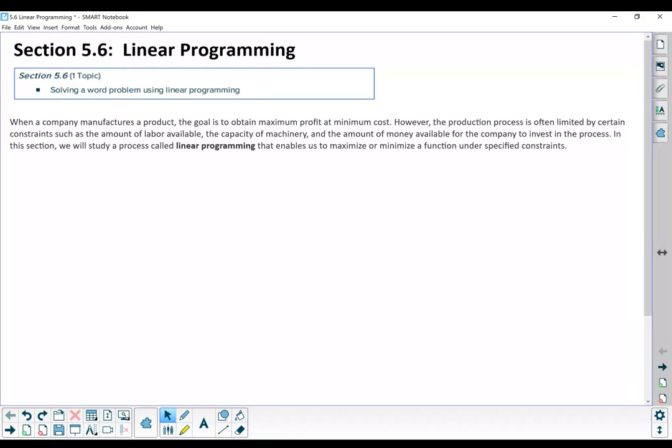When a company manufactures a product, the goal is to obtain maximum profit at a minimum cost. Or sometimes they're trying to minimize something, like maybe minimize cost in order to get the highest profit.